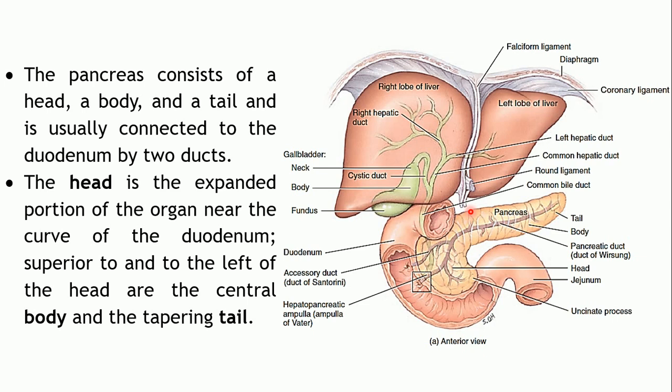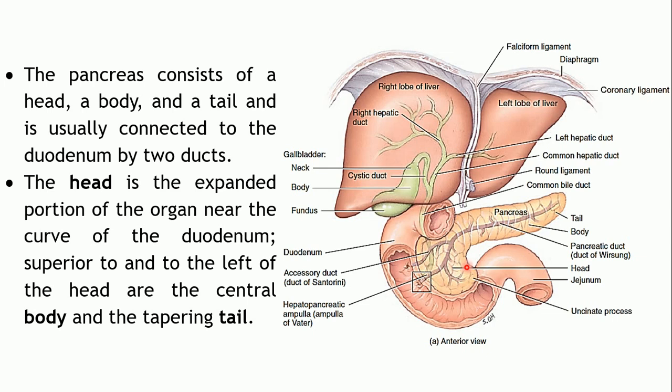If you can recall the last lecture, from the stomach the chyme will move into the small intestine, that is the first part of the small intestine, the duodenum. The small intestine is divided into three parts: duodenum, jejunum and ileum. So this is the first part of your small intestine. Just in the curve of this small intestine lies the pancreas, posterior to the stomach.